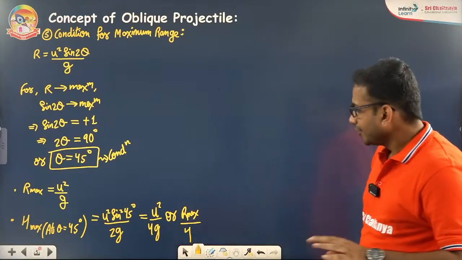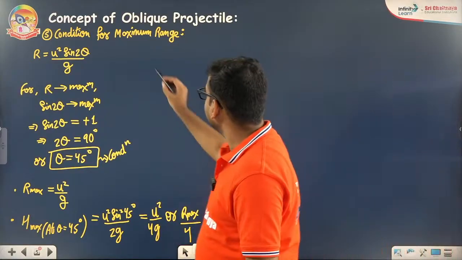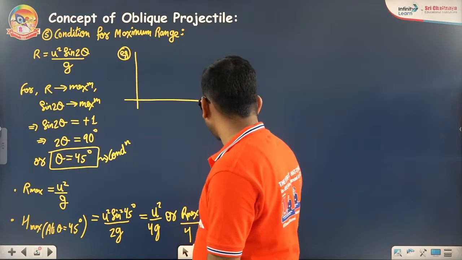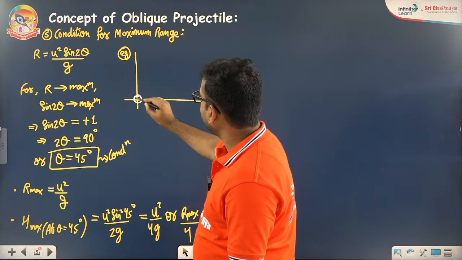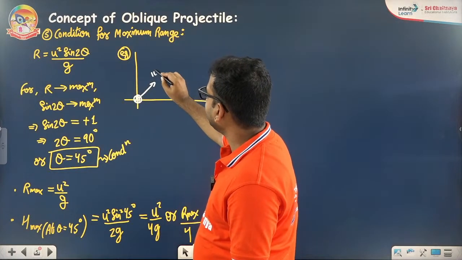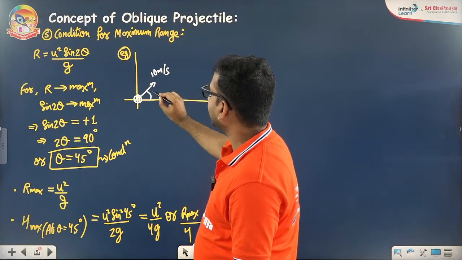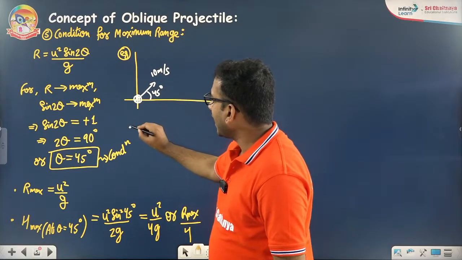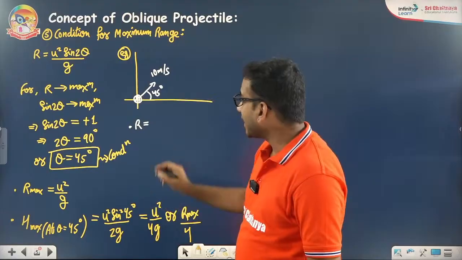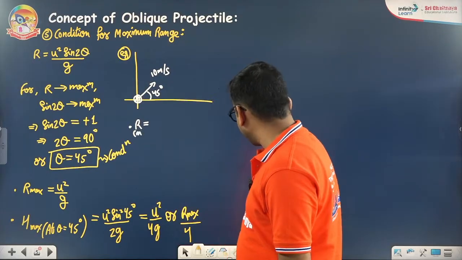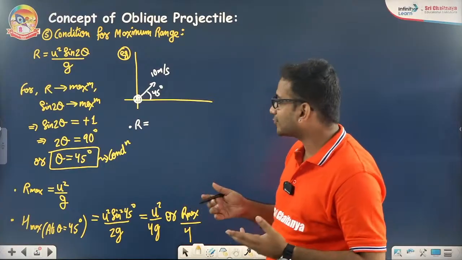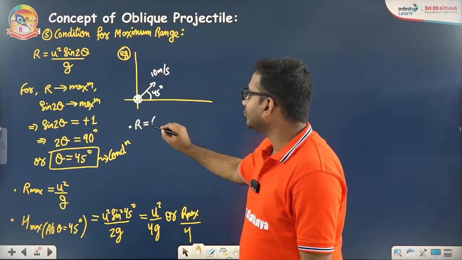For example, suppose I am throwing a ball here with 10 meter per second at an angle of 45 degrees. Then R max will be equal to, anyways it is thrown at 45 degrees, so range has to be maximum. That will be equal to 10 square.